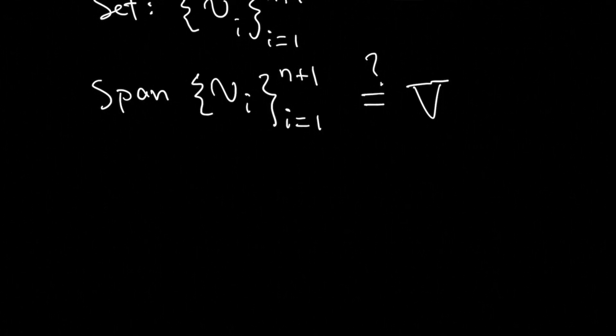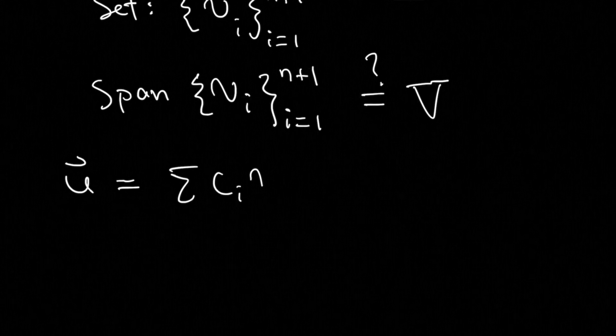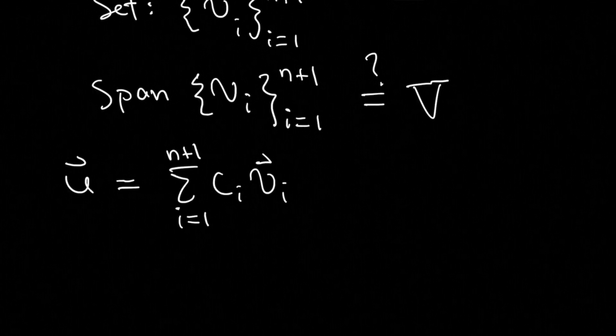In other words, we can search for another vector, u, and see if it can be written as a linear combination over this new set of vectors, v sub i from 1 to n plus 1.